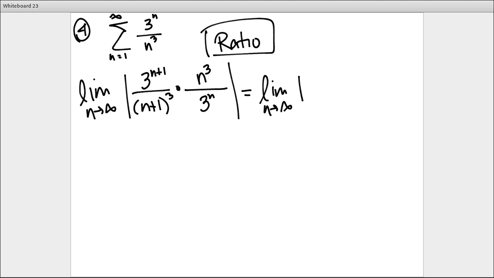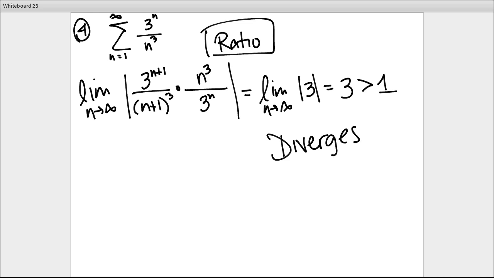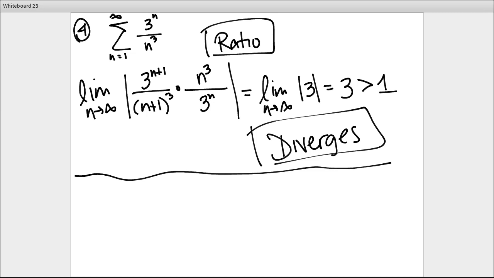So you end up with the limit as n goes to infinity of 3, right? So that's just 3, which is bigger than 1, which says this one diverges.